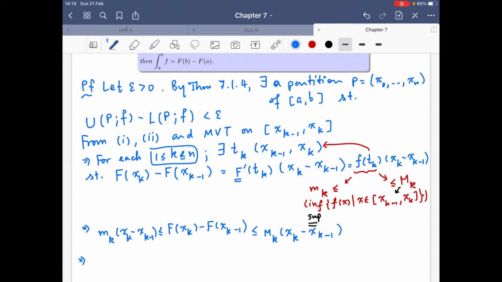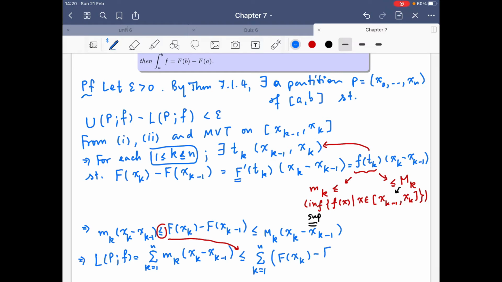So what does this mean? It means that the lower sum over this partition, which is the summation from k equals 1 to n of small mk times xk minus xk minus 1, using this inequality, will be less than or equal to the summation from k equals 1 to n of F at xk minus F at xk minus 1.